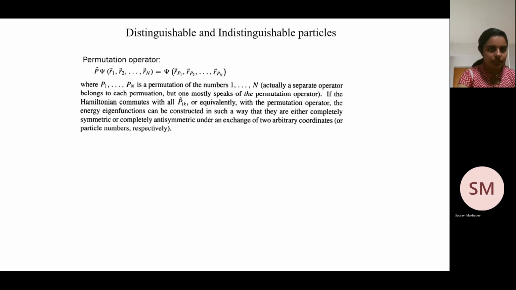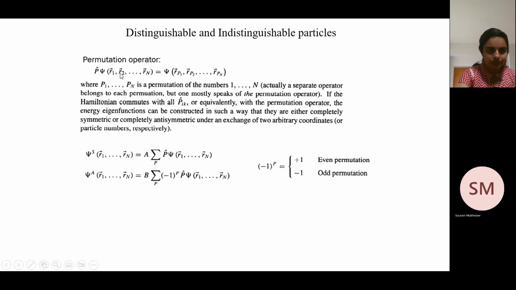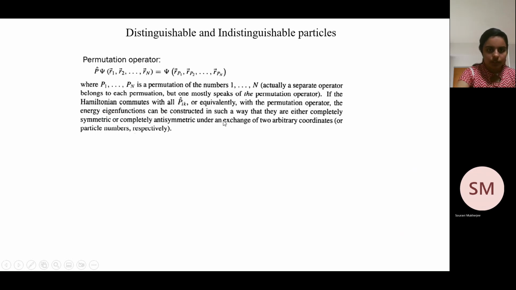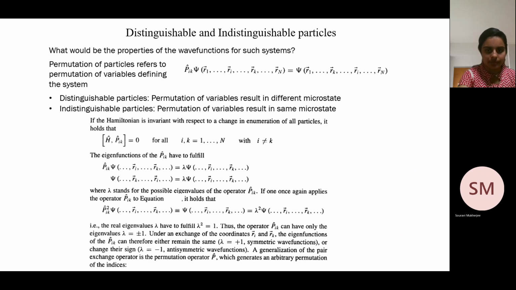So what happens when you operate this operator on some wave function? You can get two kinds of results. One is a symmetric wave function, where, obviously with a normalization factor in the beginning, you would get back the same state. Another case is when your wave function is antisymmetric.